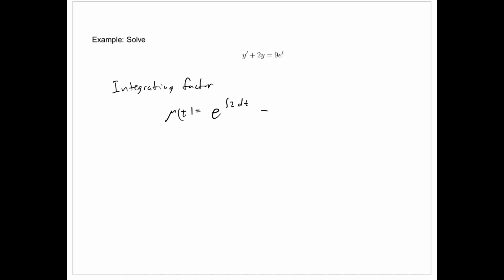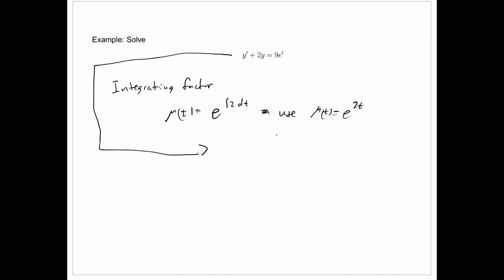So we'll just use e to the 2t. We multiply through our original equation, and here it becomes, multiplying through by the integrating factor, e to the 2t y prime plus 2 e to the 2t y equals, multiplying through by e to the 2t, we get 9 e to the 3t.